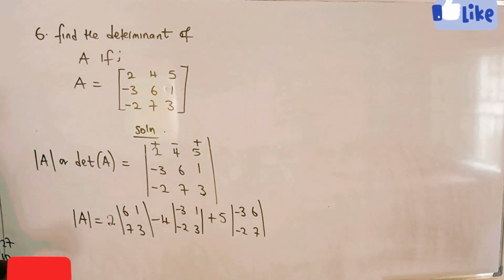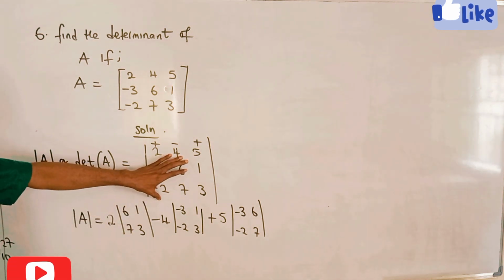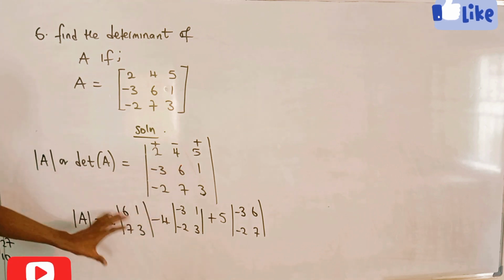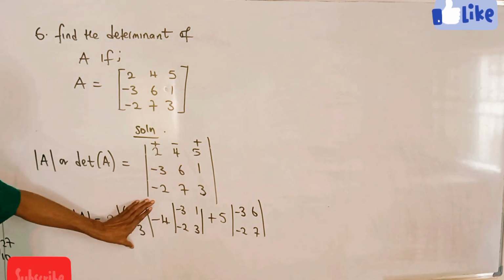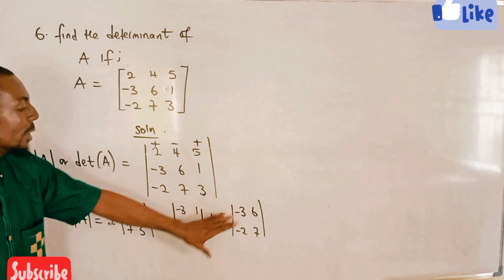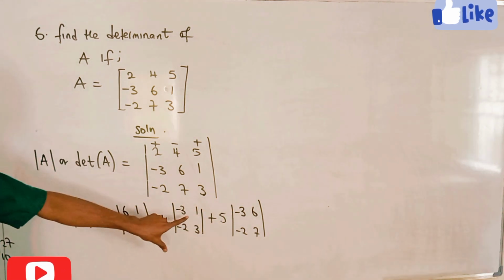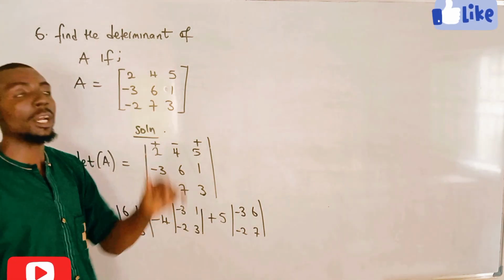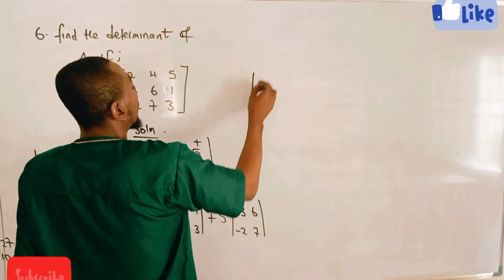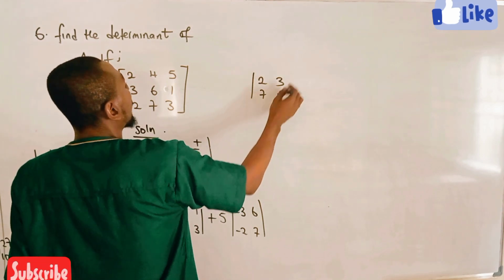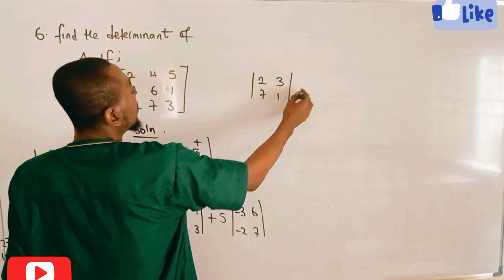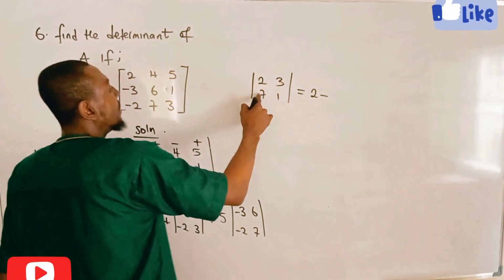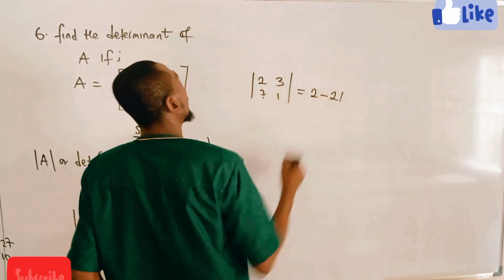So this is a 3 by 3 matrix, and it will be difficult for us to calculate the determinant of a 3 by 3 directly. That's why we present it in this form, such that each of the matrices is reduced to a 2 by 2 matrix. Had it been a 2 by 2 matrix initially, like 2, 3, 7, 1, the determinant is simply 2 times 1, which is 2, minus 3 times 7, which is 21.